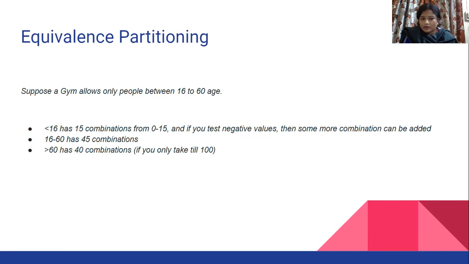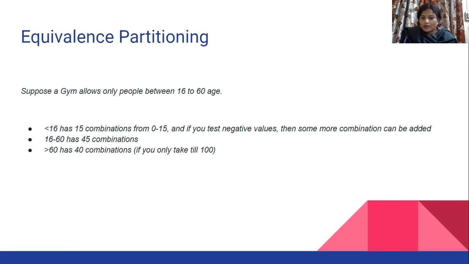First I have mentioned less than 16, consisting of 0 to 15. This is one partition, that is an invalid partition. Then the next one is 16 to 60, and that is a valid partition. And the next one is greater than 60 till 100. That is also an invalid partition.